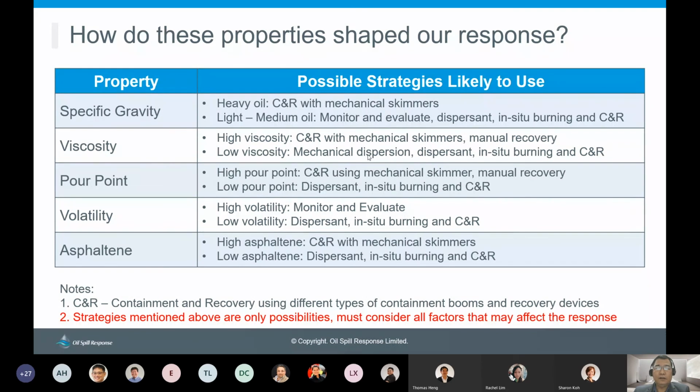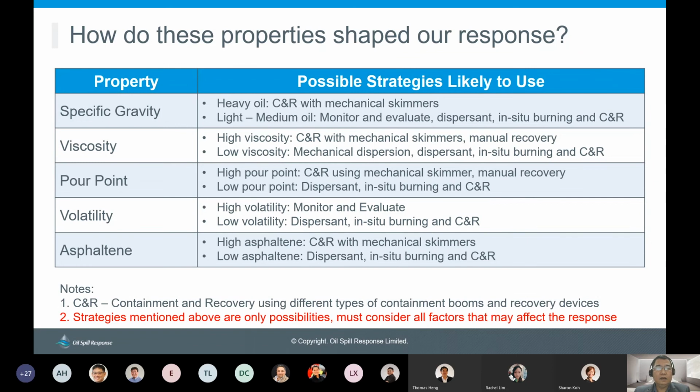For oil with a very low viscosity, sometimes we need just energy to deal with it. So if there is no natural energy created by the wind or the current, we could use a mechanical means, like a vessel or a boat, to create energy to do a mechanical dispersion.